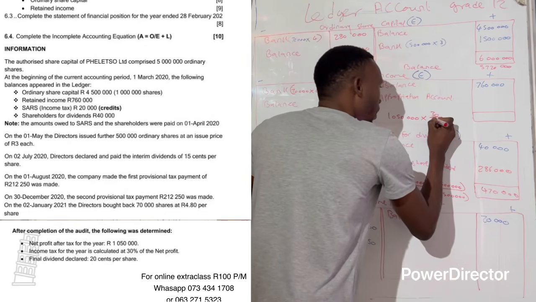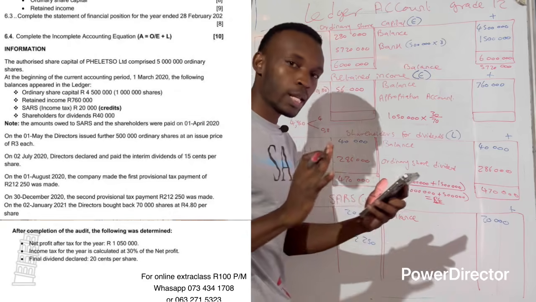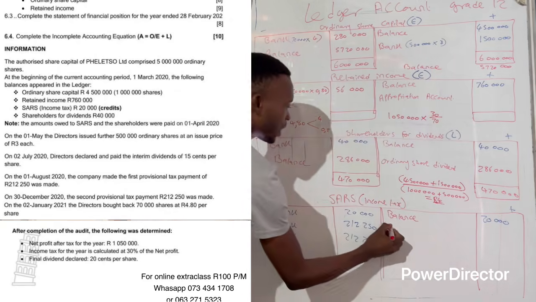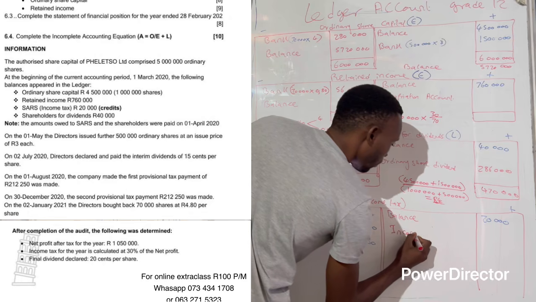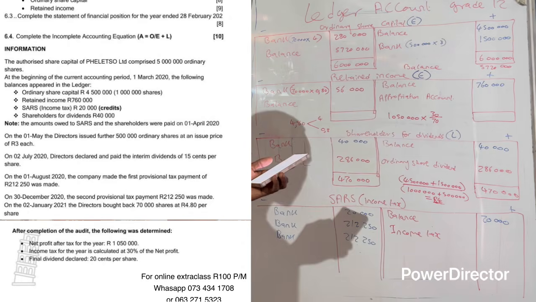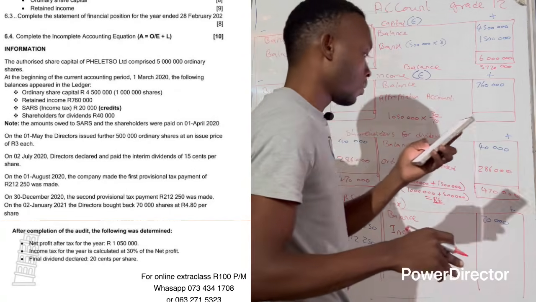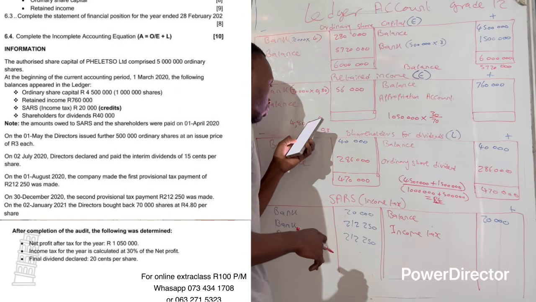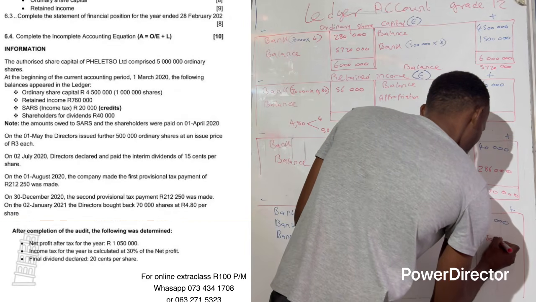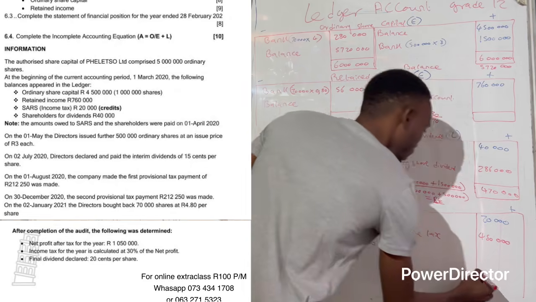If it's after, then it's 70% because tax is already subtracted. So if you calculate this, you're going to get the income tax amount. Income tax increased liability, because this is what they got on the income statement, that this is what we need to pay. It is going to give us 450,000.